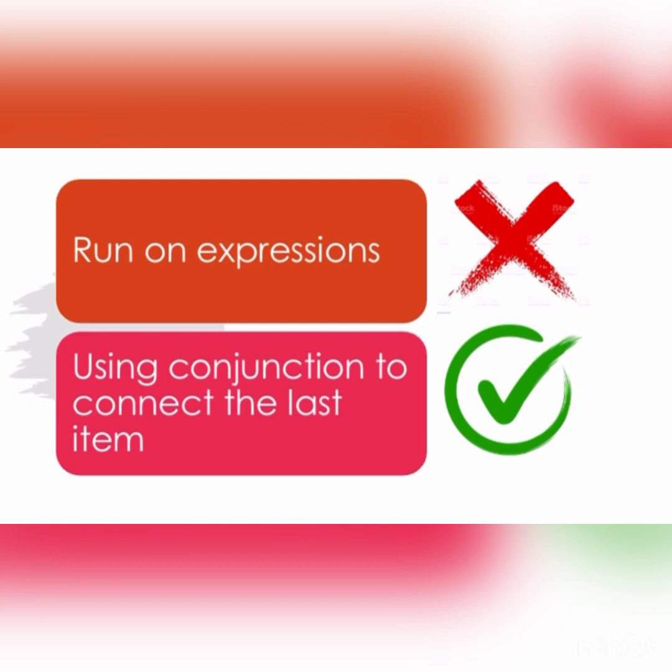For example, learning academic writing will enable you to write essays, reports, dissertations, case studies and so on. That's fine, but you can't use etc., which is considered informal or inferior. So instead of using run-on expressions, you can use conjunctions to connect the last item.